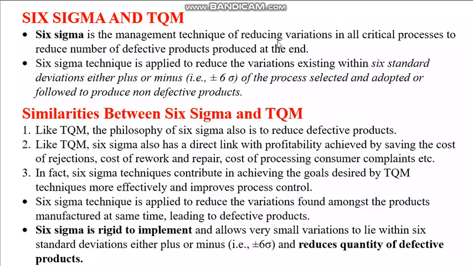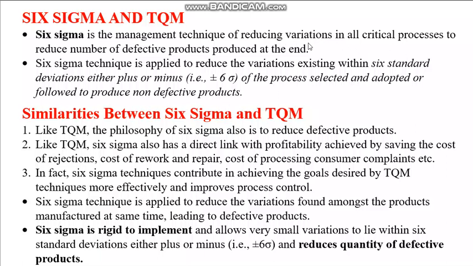We want to do it by reducing the variations in all the critical processes, the processes from where these defectives arise. In such processes we want to reduce the variations.